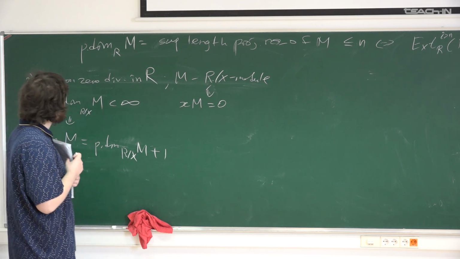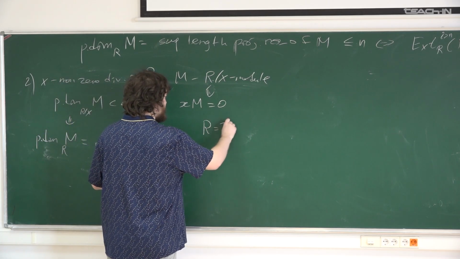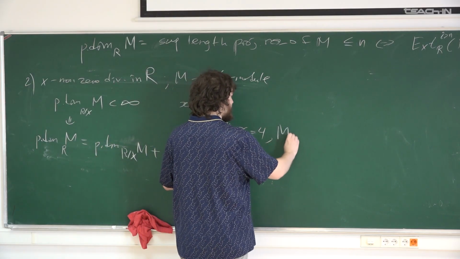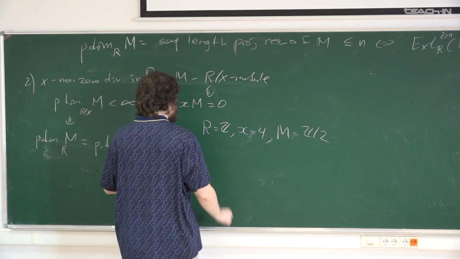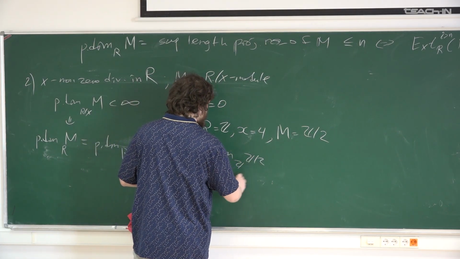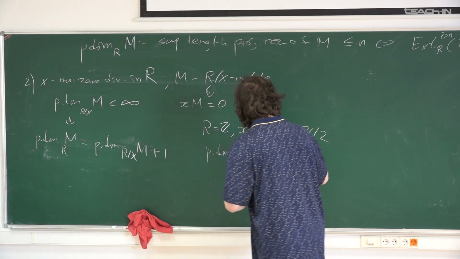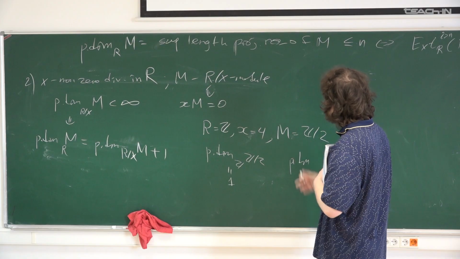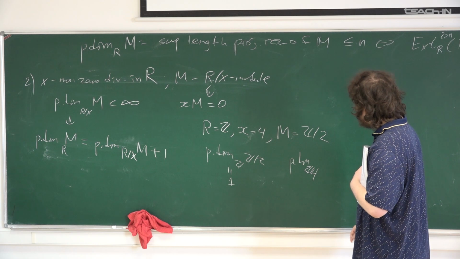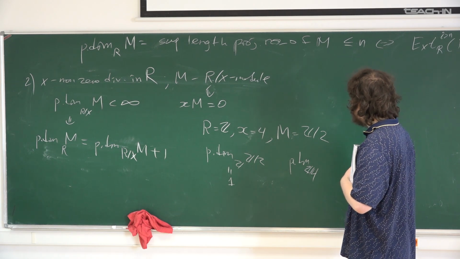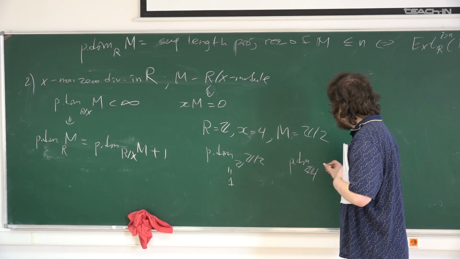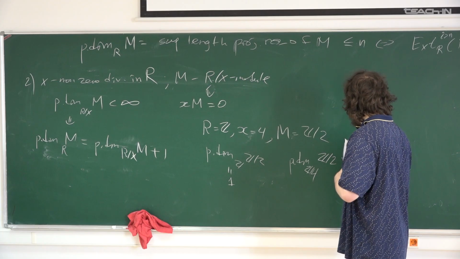This is important because, for example, if we consider R is Z, x is 4, and M is Z/2, then the projective dimension over Z of Z/2 is 1, but Z/2, of course, is a module over Z/4, and you can calculate that all Ext and all Tor between Z/2 and Z/2 over Z/4 are non-zero, so the projective dimension is infinite.